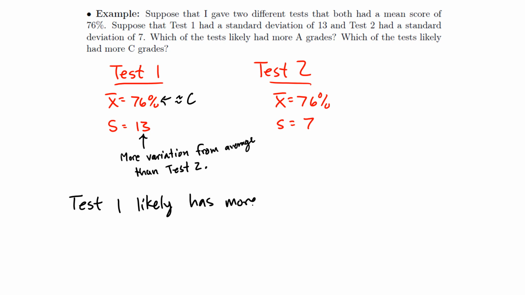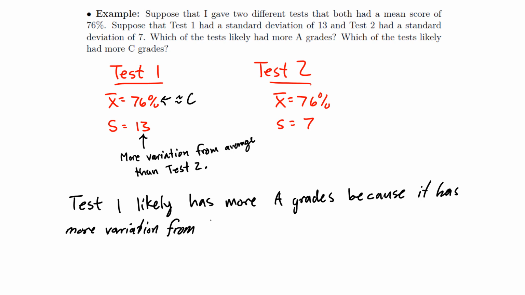has more A grades because it has more variation from the average, which is a C. Okay? But which of them likely has more C grades, right?